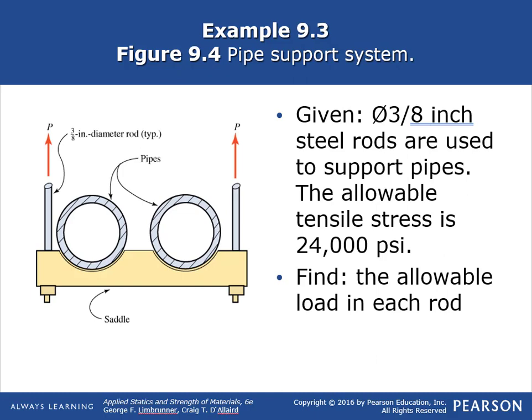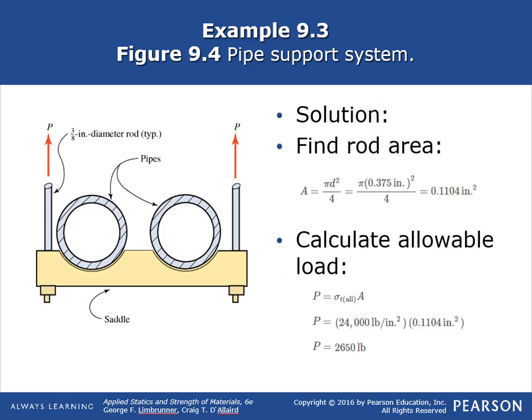Okay, example 9.3. What we have here is 3/8 inch diameter rods, and they're supporting some pipes. It's in a process plant or something like that. So the allowable tensile stress in the rods is 24,000 psi. Find the allowable load in each rod.